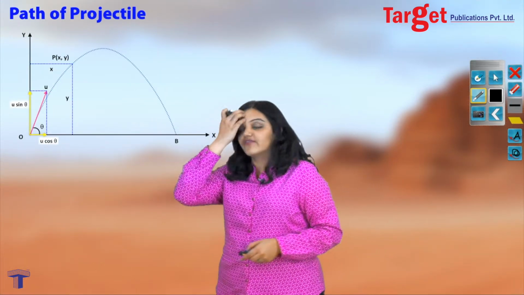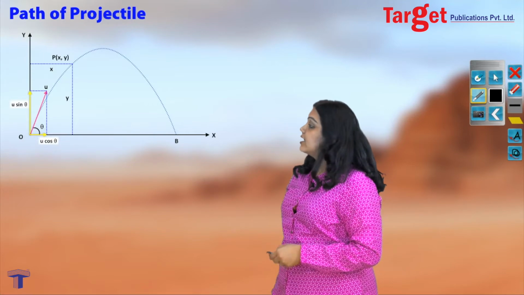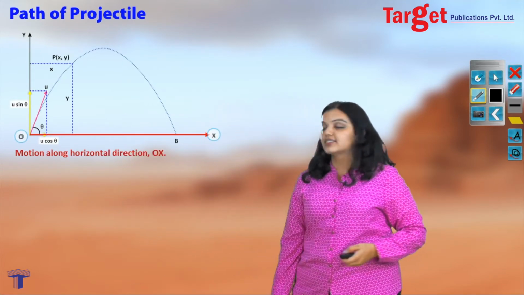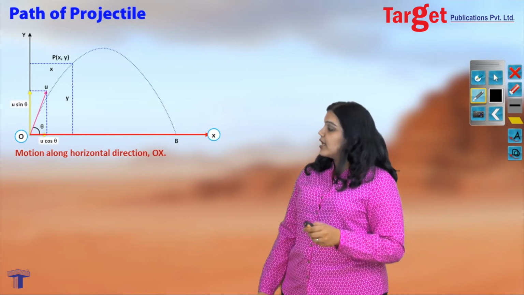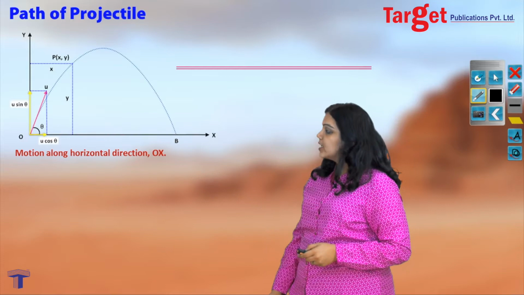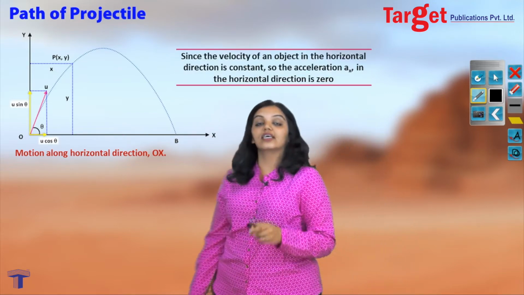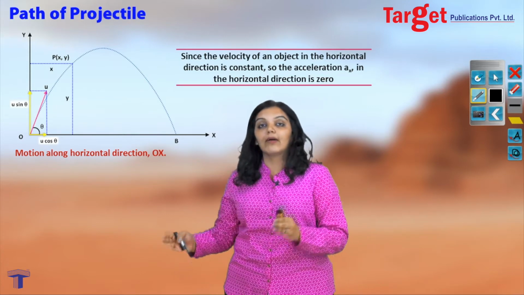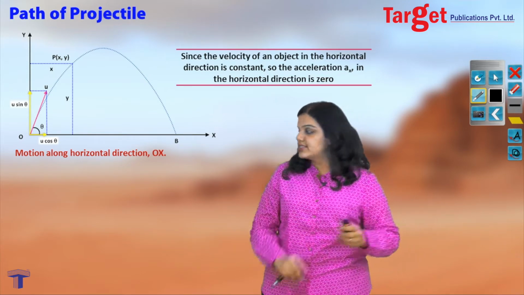Now, let me use this information to find the path of projectile. Like I said, I am first going to analyze the motion along the x direction. I am going to use the kinematical equation which I had written previously, but this time only for the x direction.